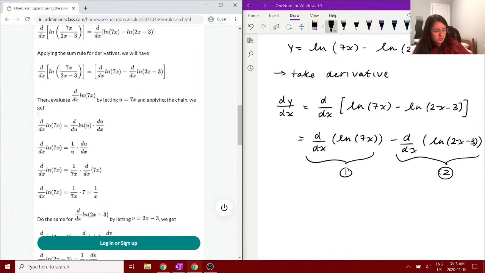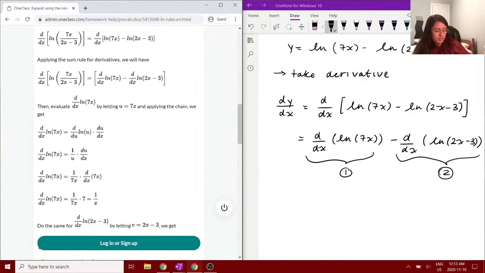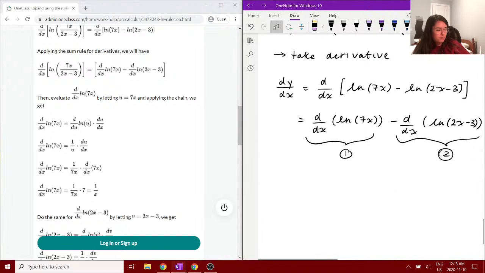The solution goes into a little bit more detail than I think is necessary, but you can try doing it this way if you'd like. We'll start with the first term, which is d by dx of ln 7x.